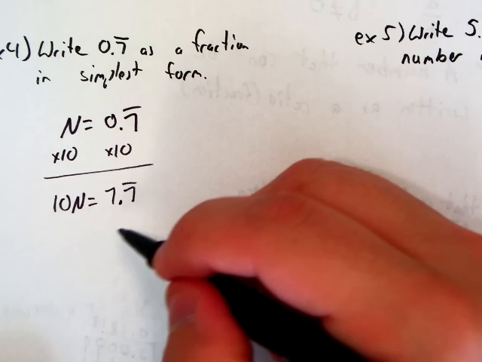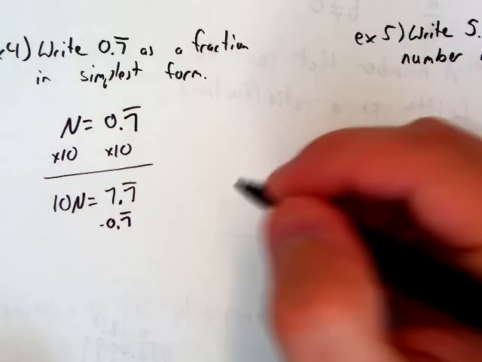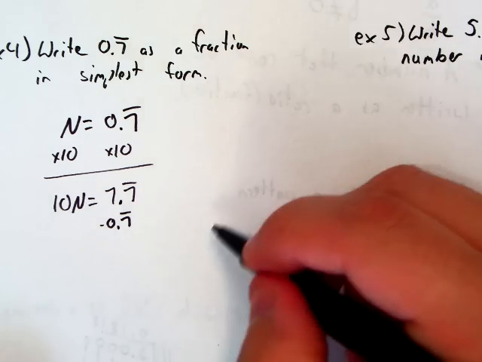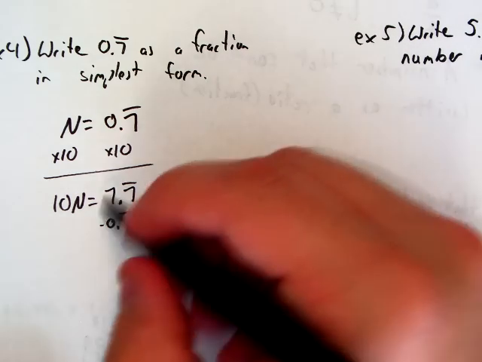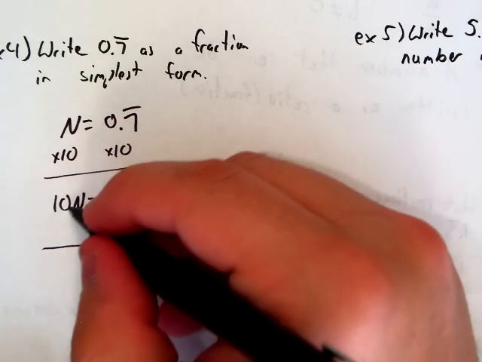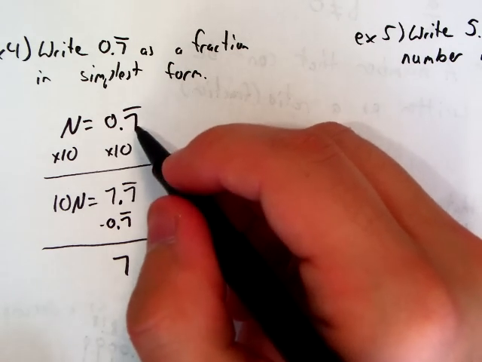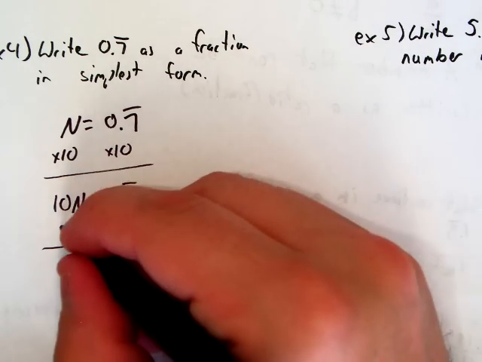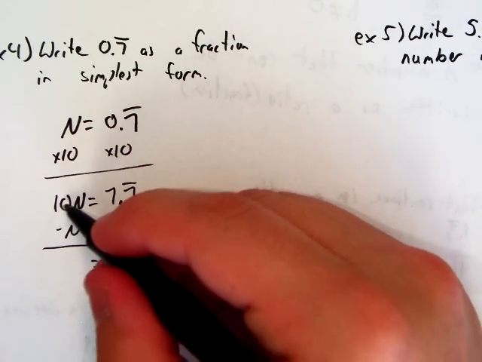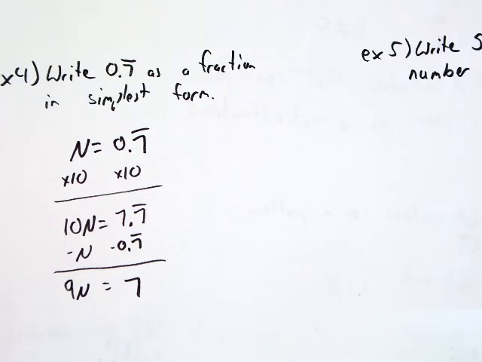Now I want to get rid of this repeating part, so I'm going to subtract it away. I can do that because there's an infinite number of 7s here and an infinite number of 7s here, so all of them would evaluate to 0, and I'd just be left with 7. Now on this side, I can't just take away 0.7, but 0.7 is equal to n. So I'm going to take away an n. If I have 10 n's and I take away one of them, I'm left with 9 n's.